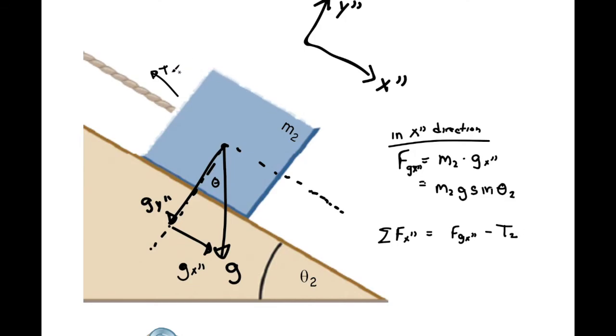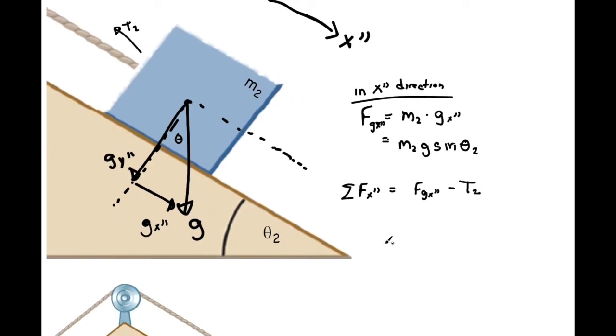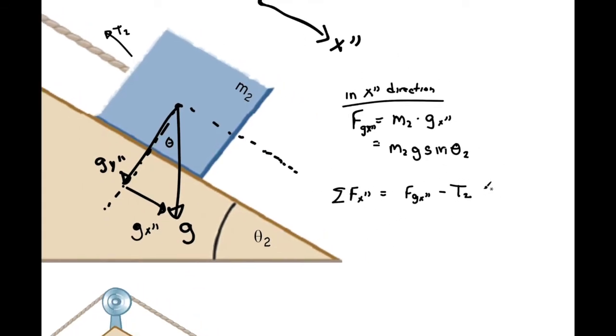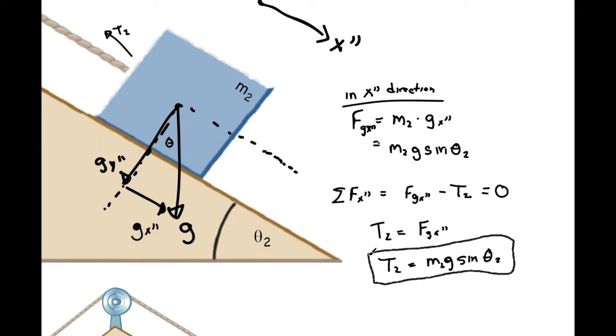We'll call this one tension 2, and we give it a minus sign because the tension pulling up on this block is clearly in the minus x double prime direction. So for equilibrium this has to be 0, and then tension 2 is just equal to F g x double prime, or tension 2 is equal to m2 g sine theta 2.